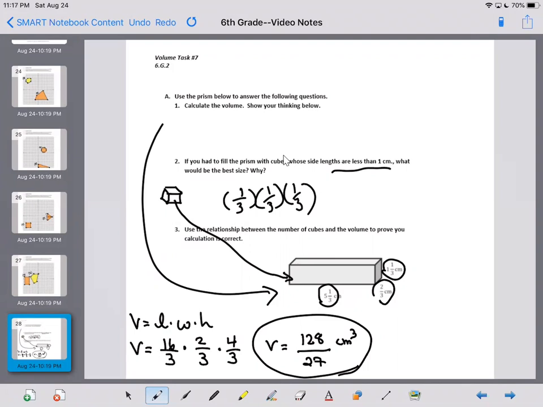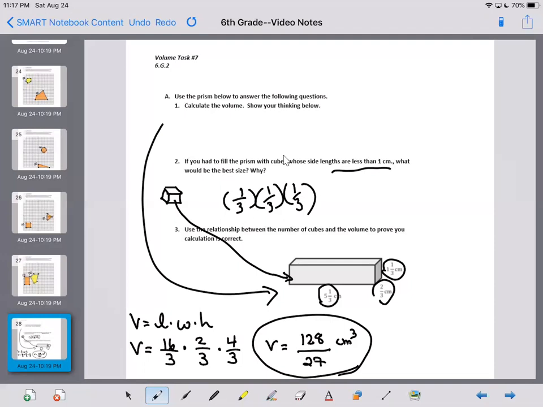Because look at your length. Your length is 5 1/3. So it would make sense that we would use third measurements for everything to fit. If we were able to fill it, we would think about that smaller cube being a third, a third, and a third, instead of, in 5th grade, looking at those cubes as a 1 by 1 by 1.